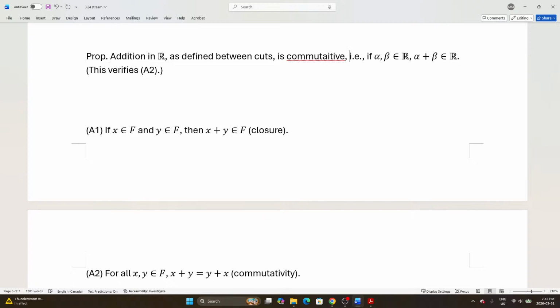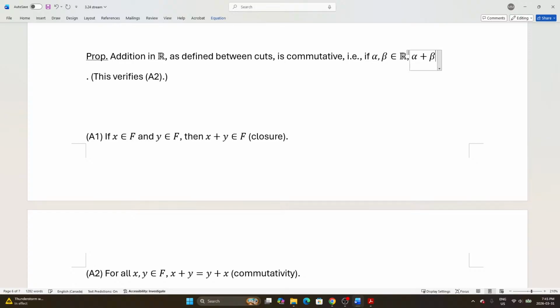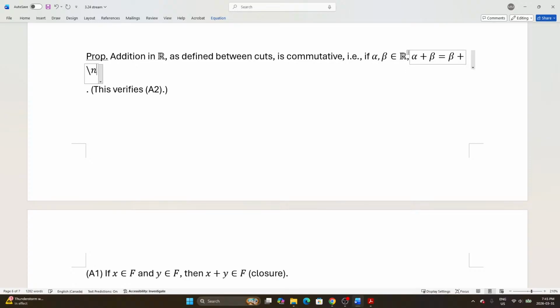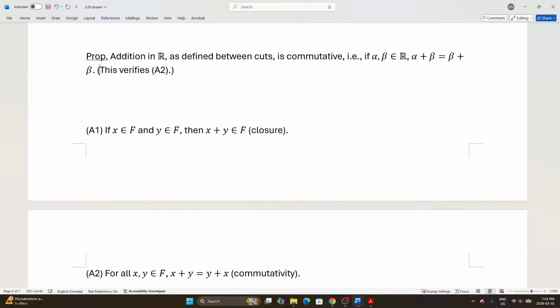Namely, if alpha and beta are in R, alpha plus beta is equal to beta plus alpha. We need to verify that. If this is done, this verifies A3.